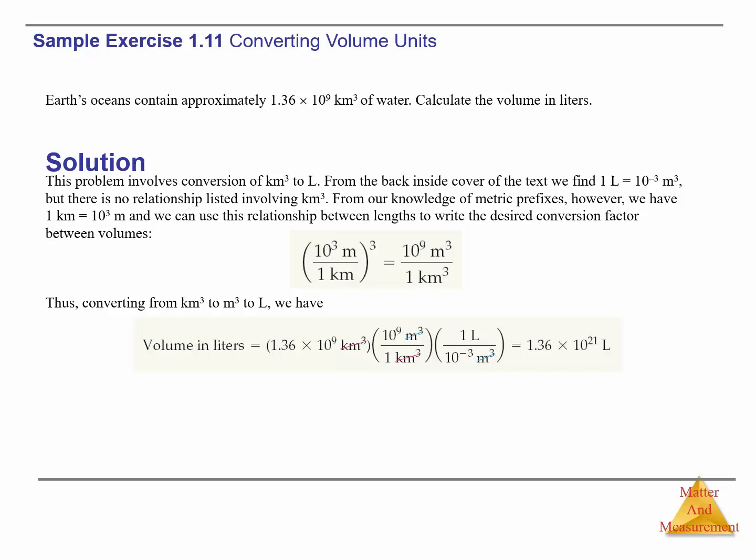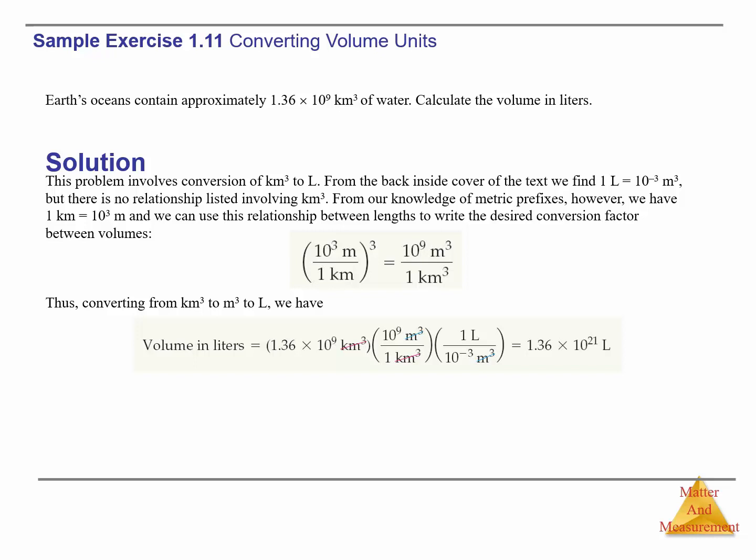Then 1000 meter per 1 kilometer, cube them, and you get this 10 to the 9 cubic meter for each 1 cubic kilometer. Thus, converting from cubic kilometer to cubic meter to liter, we have this one.